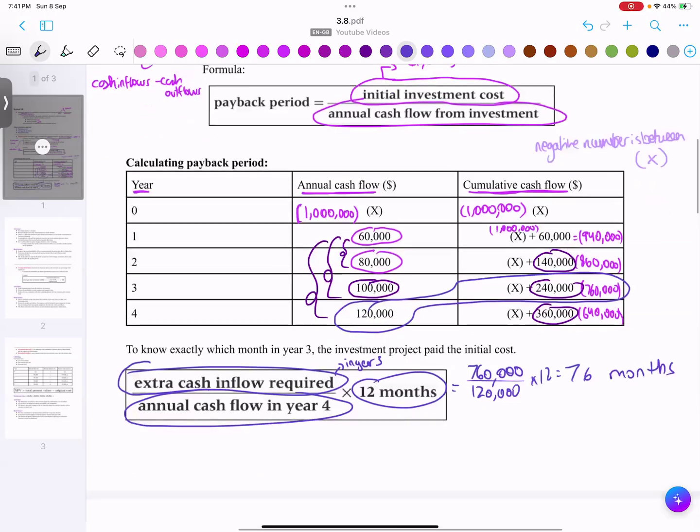But if we switch the numbers and did 120,000 divided by 760,000, and then multiply by 12, you'll get 1.89 months. So this is more accurate than what I gave you earlier, but that's just because the $1 million was too large for these numbers. But basically that's it. I hope you got it.